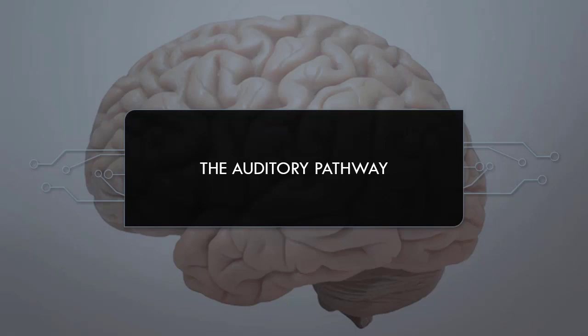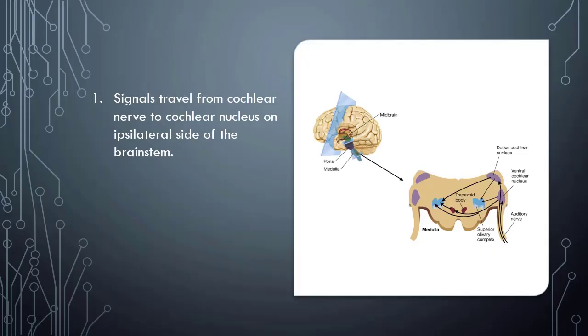This brings us to the auditory pathway. So we already said signals that are transduced by these hair cells travel from the cochlear nerve, and they go to the brainstem. The place that they arrive in the brainstem is called the cochlear nucleus, and it's on the ipsilateral or same side of the head as the ear.